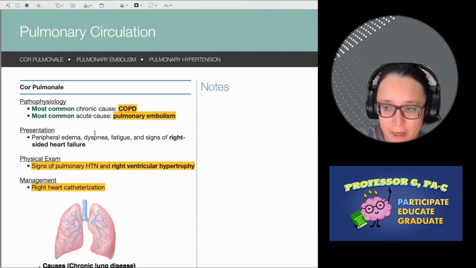If it's right-sided heart failure and pulmonary hypertension caused by left ventricular hypertrophy or left ventricular failure, it is not cor pulmonale, it's just heart failure. Does that make sense?